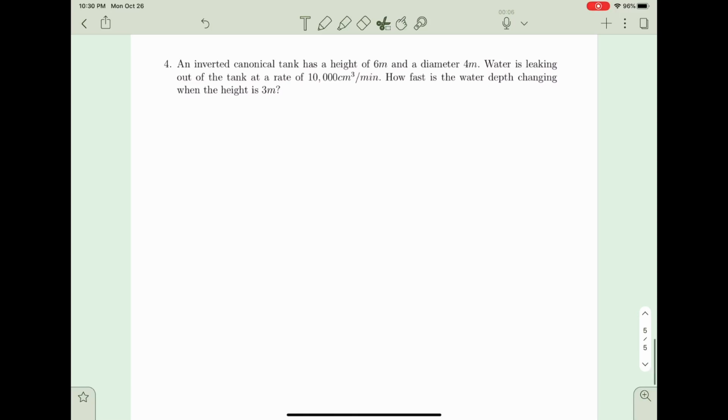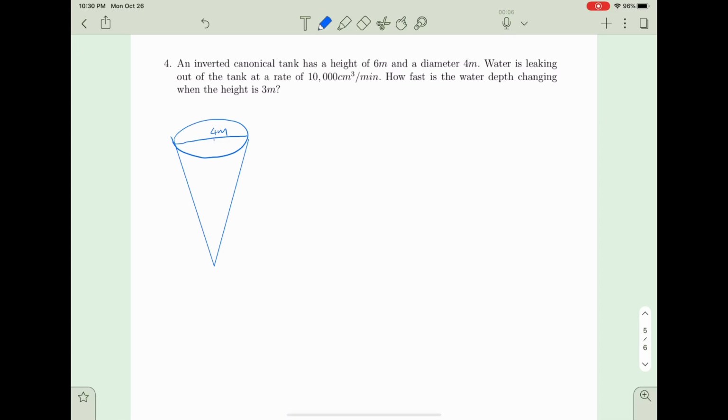So let's draw it here. A cone which is upside down. So it's like that. It has a diameter of 4 meters, right?